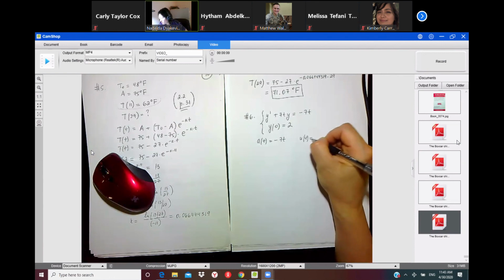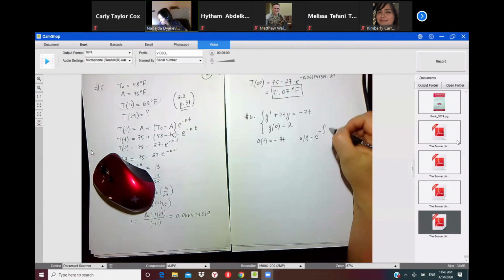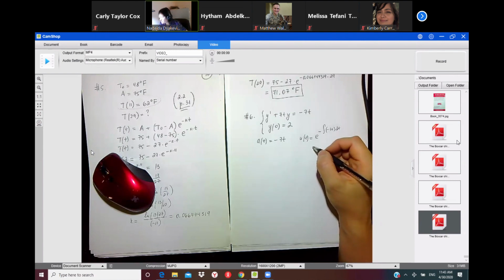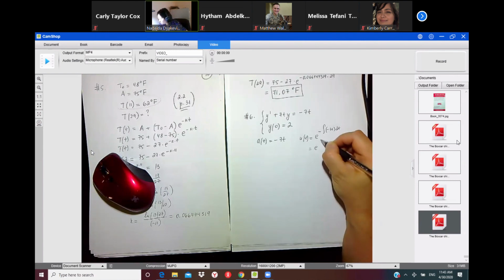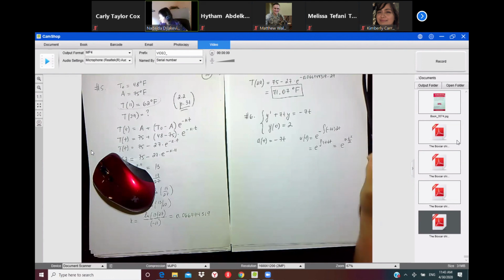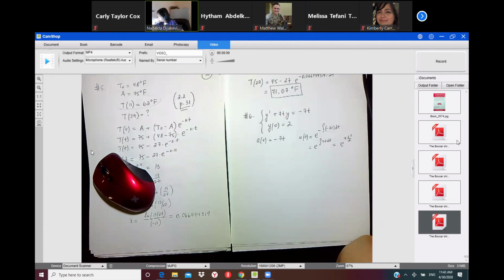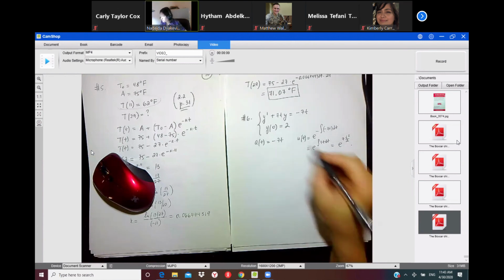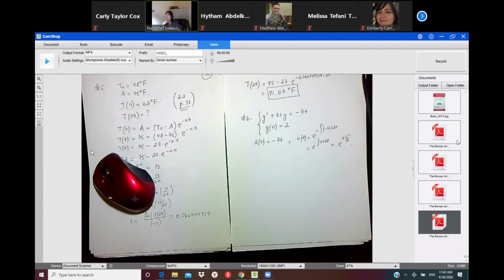And U of t would be e to the negative integral of -7t dt. This is how we find the integrating factor. And a negative times negative is positive, so we get e to the integral of 7t dt, which is e to the power 7t squared over 2. Is this correct? Yeah. Okay, so this is what I'm getting for u of t.